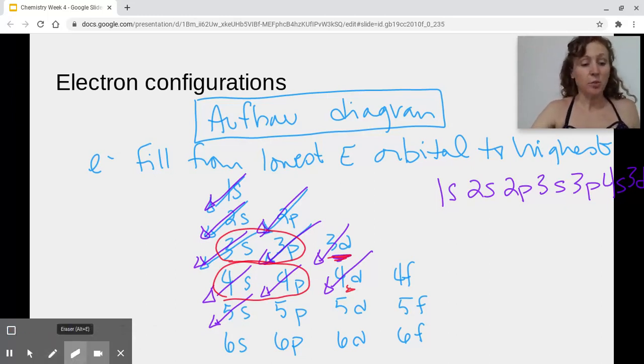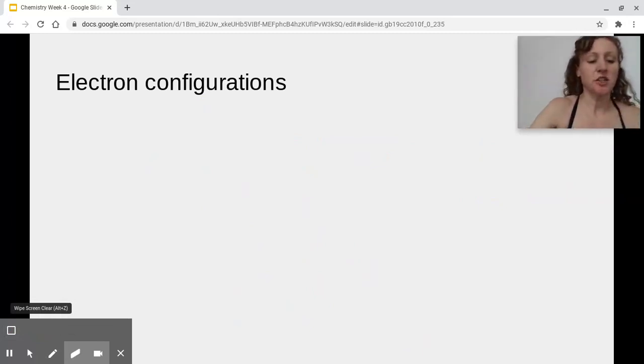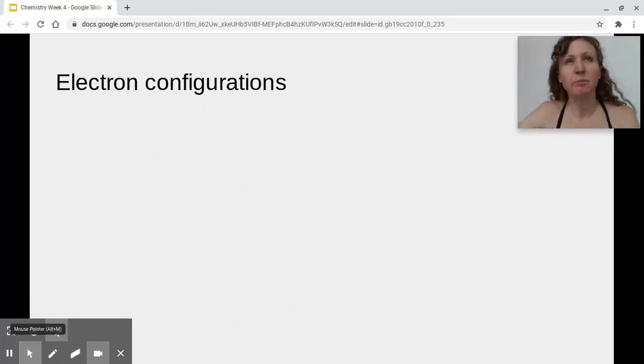All right, so before we get full on into electron configurations, I just want to show you 2 more diagrams. You should know them because they're used as ways to show electronic structure all over the place. So I want you to be familiar with them anyway. But 2, they might help you wrap your brain around this concept of an electron configuration.